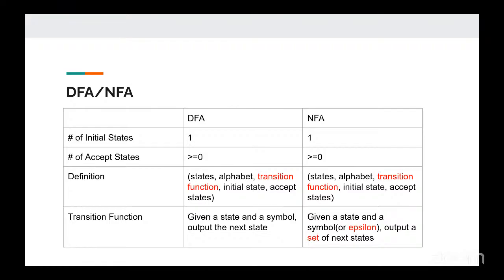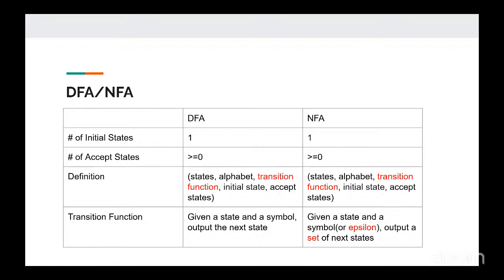The transition function tells you exactly where you're going. For non-determinism, we can have 0 or more transitions. You have a set of states that you move to. So if you're at state Qi and you get input A, you can go to 0 or more new states. That's where the non-determinism comes in.